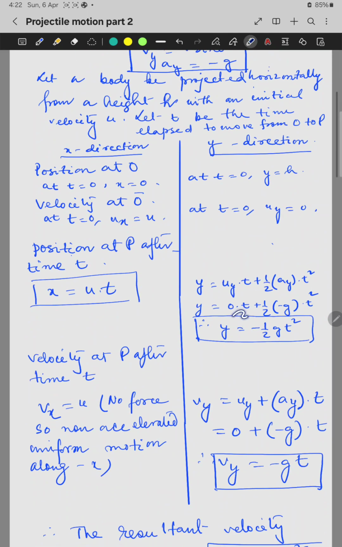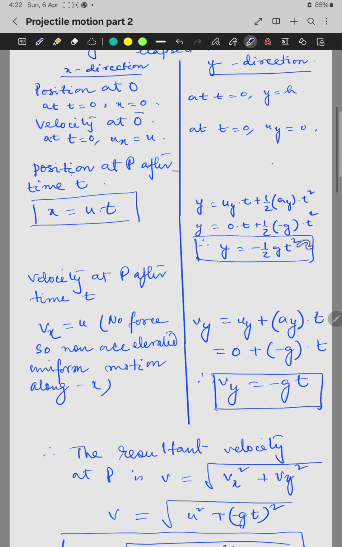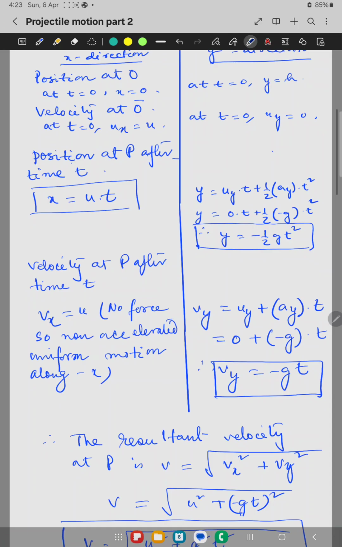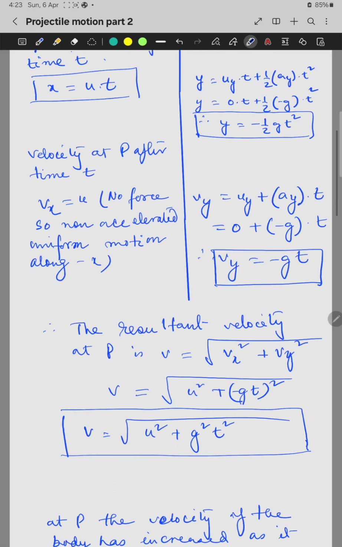Now let's come back to this equation. Here we insert uy equals 0 and in place of ay we write minus g. Thus the value of y becomes minus half g t square. So if we put the values of time t and g here, we can get the value of y.